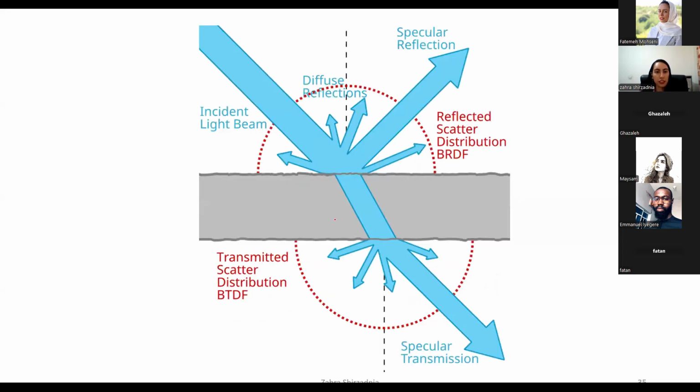Another picture that we see: when a light beam hits the surface and then reflects at the same angle into the space, we say a specular reflection.